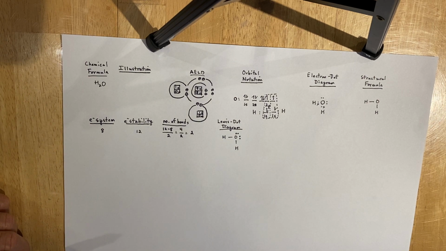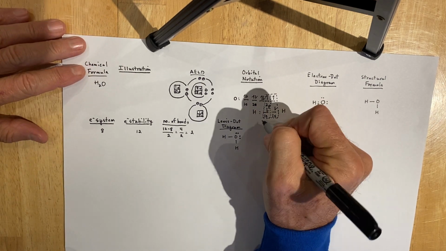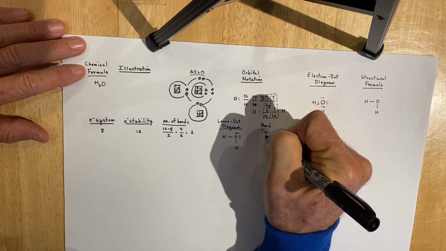So that's your Lewis dot diagram for water. The next column we're going to look at is really, really important for water, and as it is for all molecules, but we're going to examine the bond type.